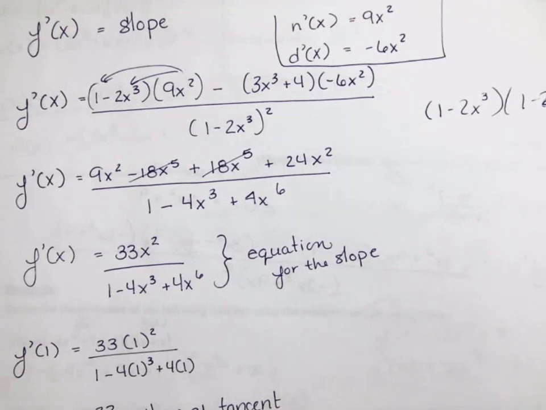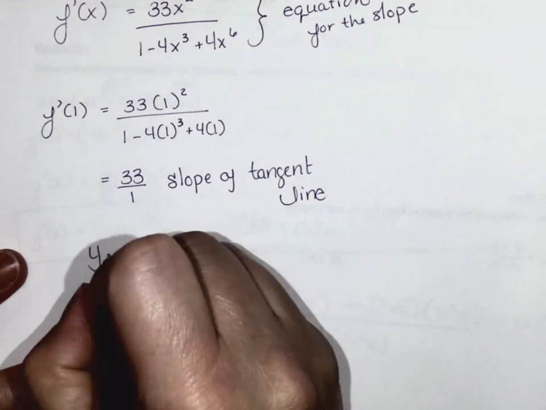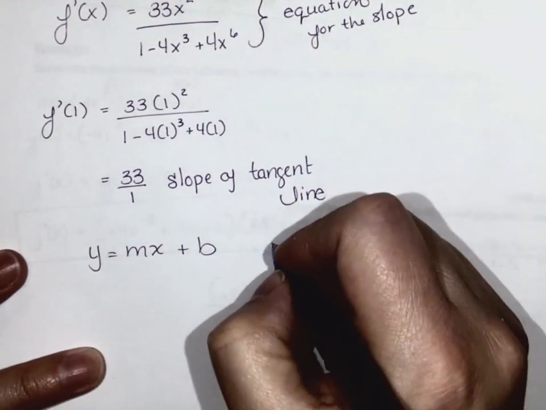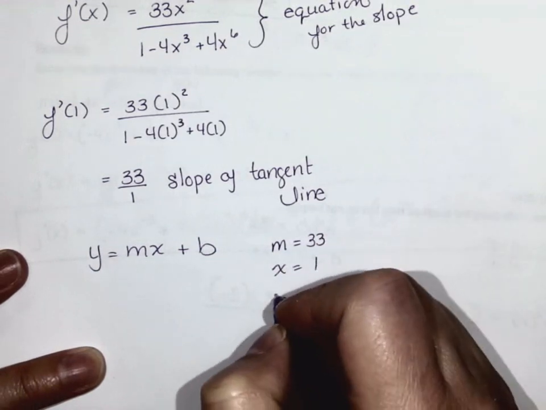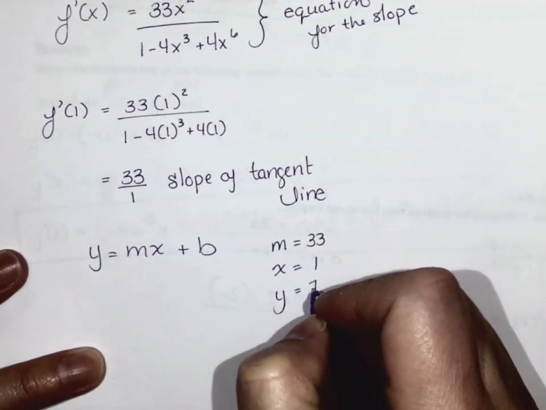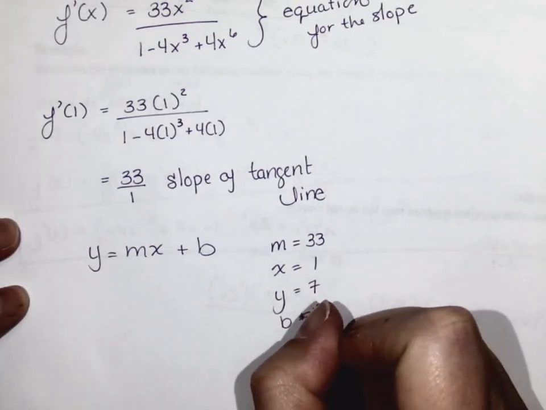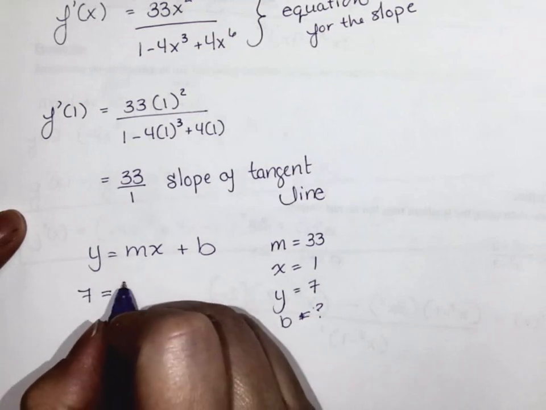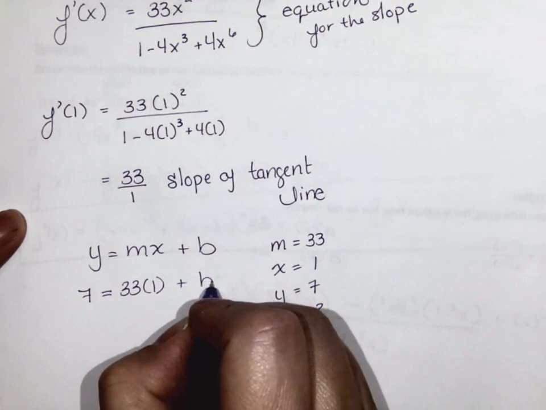And we can go ahead and use our slope intercept form. Because we know m is equal to 33, we know x is equal to 1, we know y is equal to 7. So we are just trying to solve for b here. So 7 equals 33 times 1 plus b.